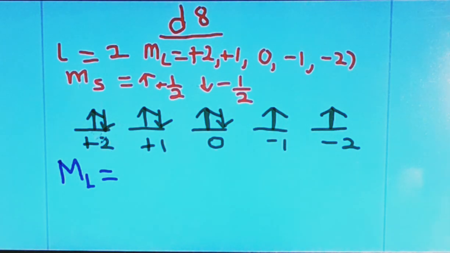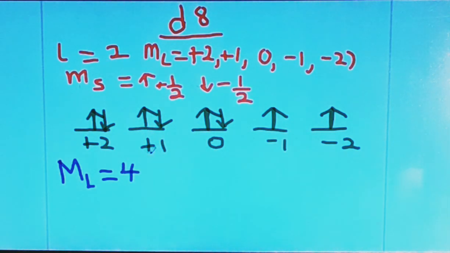So considering the first orbital, we have the orbital containing 2 electrons. So because of that, considering the magnetic quantum number, which is plus 2, taking into account the 2 electrons, we have plus 4 for that.